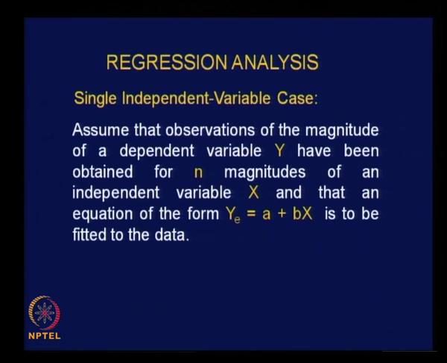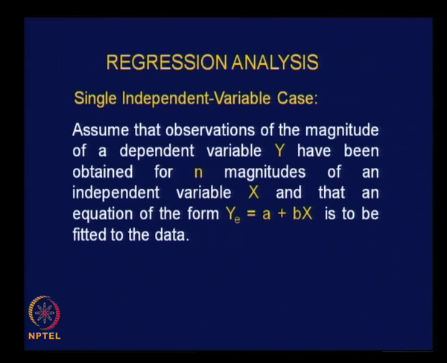Assume that observations of the magnitude of a dependent variable y have been obtained for n magnitudes of an independent variable x, and that an equation of the form ye is equal to a plus bx is to be fitted to the data. Y is the dependent variable and x is the independent variable.